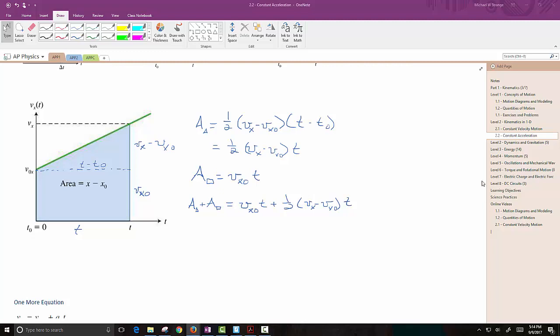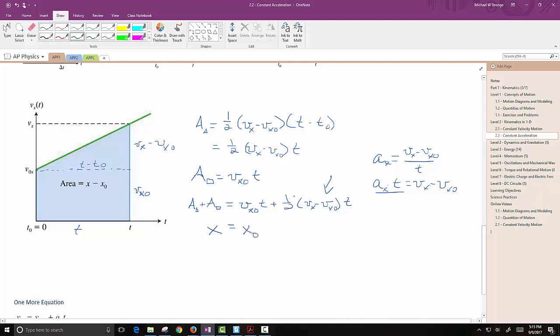Now, there's just a little trick that we have to do here, and it's dealing with this quantity. Remember that my acceleration is equal to the change in velocity over time, or Vx minus Vx naught over t, or delta t. So if I multiply that over, I get ax times t is equal to Vx minus Vx naught. So now I can substitute this value in there. So what I end up with is that my total area, which is going to be my displacement, so x is going to be whatever my initial position was plus this.